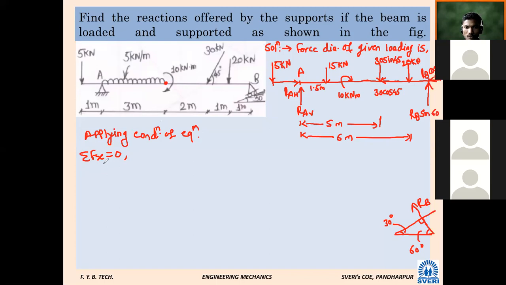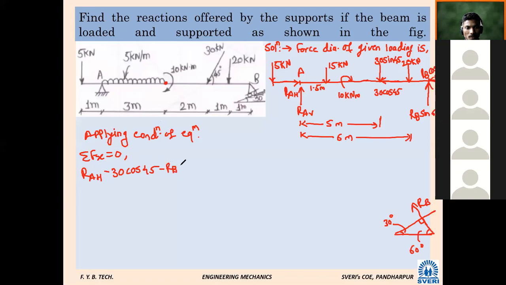Let's start from the left hand side. RAH minus 30 cos 45, next, minus RB cos 60 equal to 0.